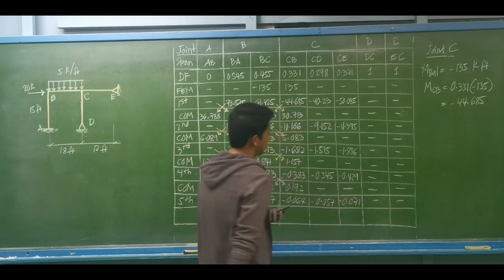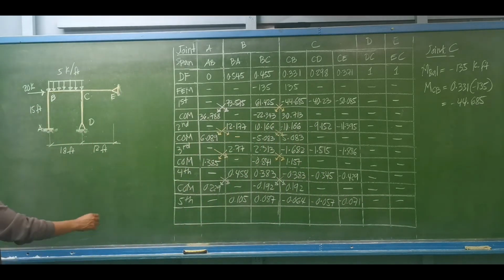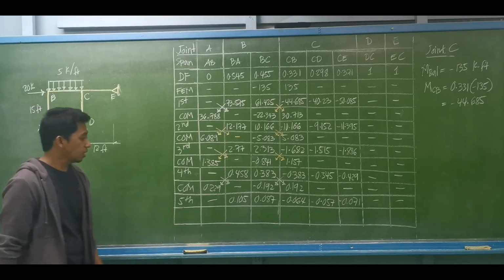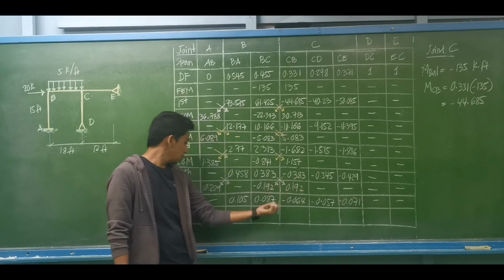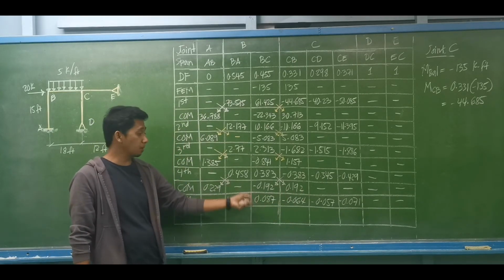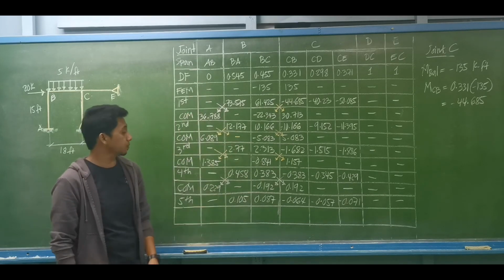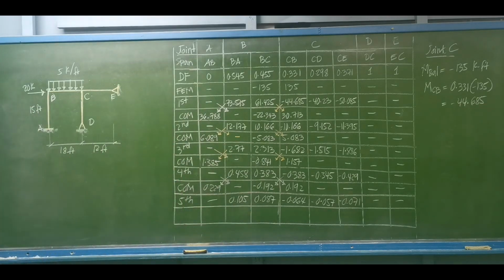So we are able to compute those values up to the fifth distribution. If we have very small remaining values to be distributed or carried over, you may stop the moment distribution, then do the summation of the moments. So let us do the summation of the moments.